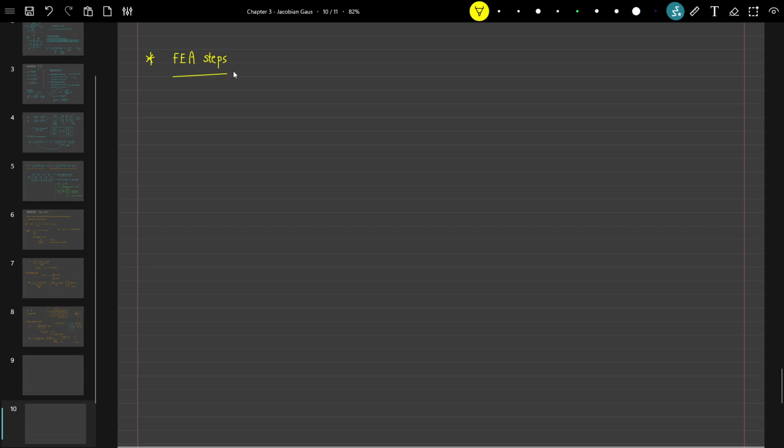FEA steps after understanding the integration points. As we know, the first step in FEA is to calculate the element stiffness matrix for each element in the assembly.